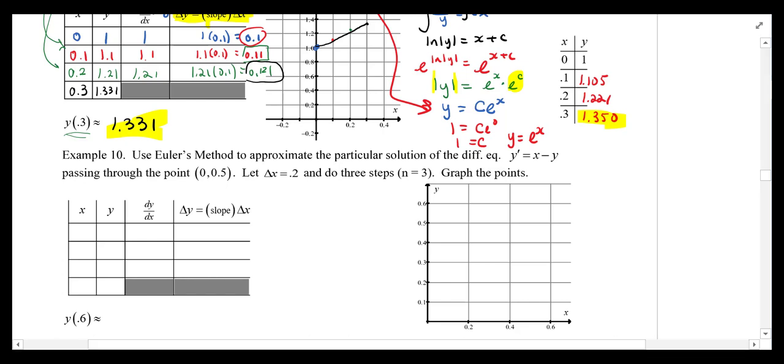If you don't know what that means, I'm starting at 0, and I'm going to increase it by 0.2 each time. So 0.2, 0.4, 0.6, that's my third step. And I want you to find the y value at that third step. All right, so you go try that. And like I said, when you're done, come back and take a look. Press pause, please. I meant it.